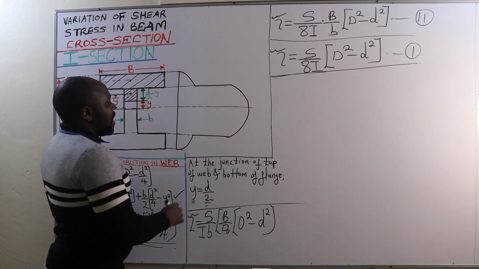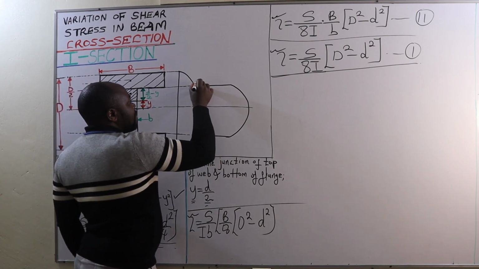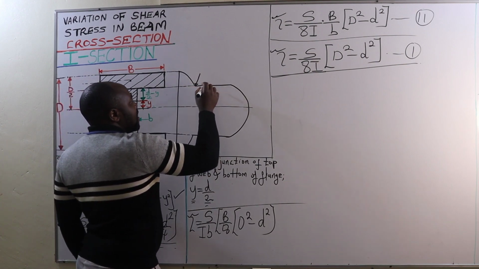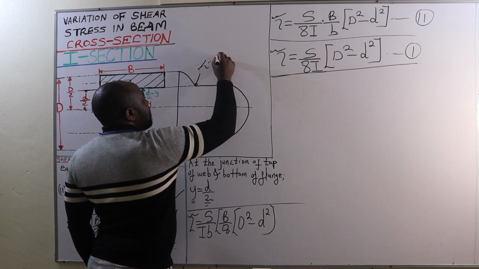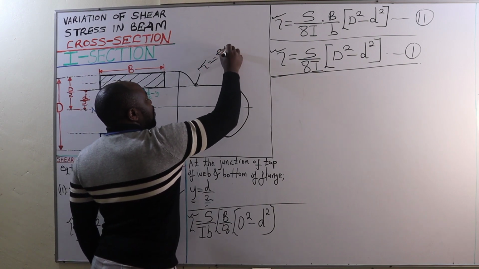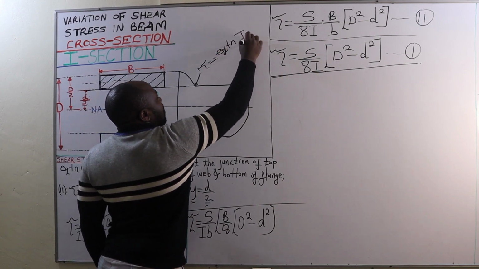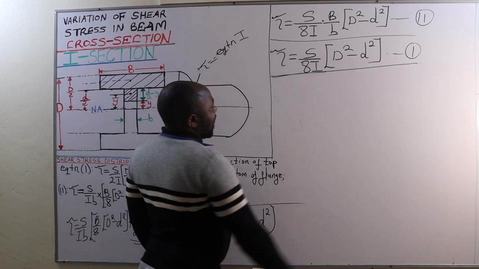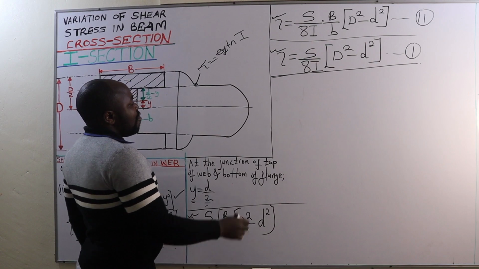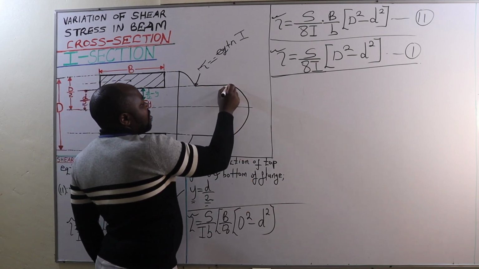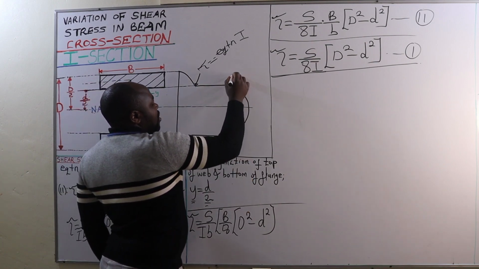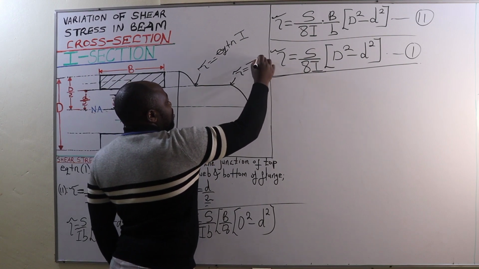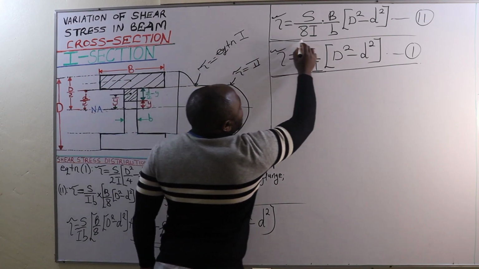Therefore, at this point, the shear stress will be given by equation 1, which is S over 8I into D squared minus d squared, which changes abruptly to shear stress given by equation 2, that equation.